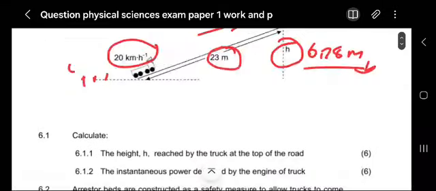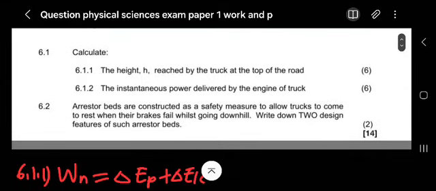Last question, which is 6.2. What does 6.2 say? Arrestor beds are constructed as a safety measure to allow trucks to come to rest when their brakes fail whilst going downhill. Try to design features of such arrestor beds.